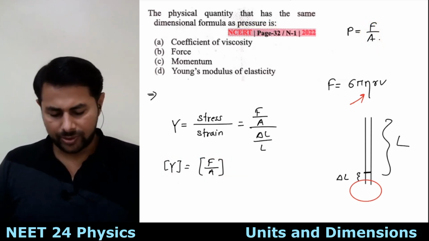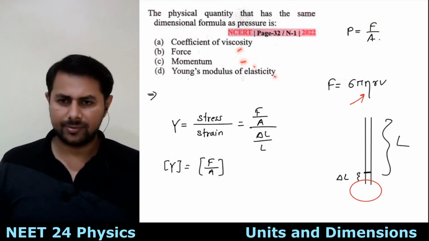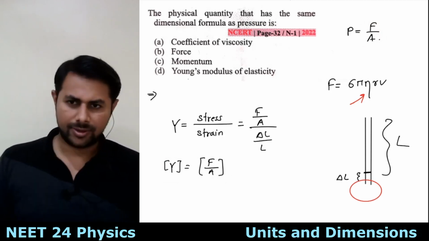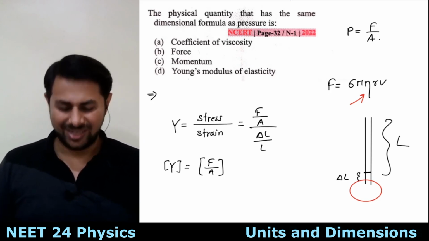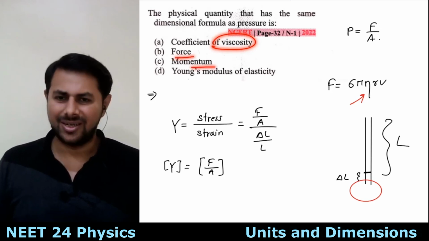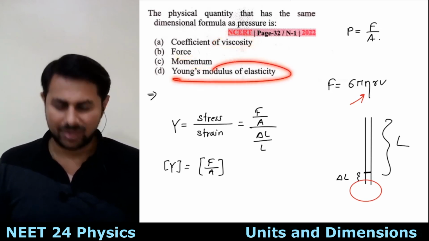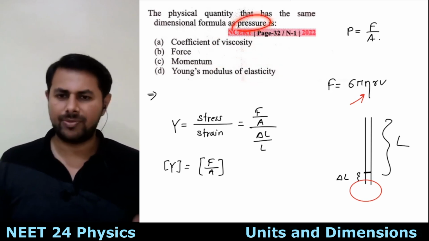Okay, so if you just glance over, not stare, at all of the options first, before solving for the dimensions of each one, then you will come to know that the dimensions of this one are the same as the dimensions of pressure.